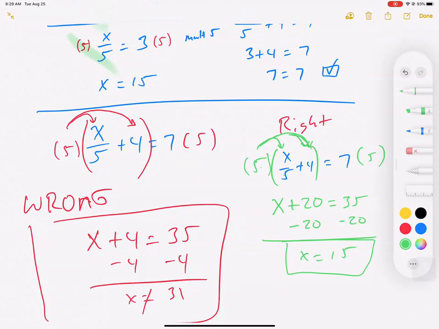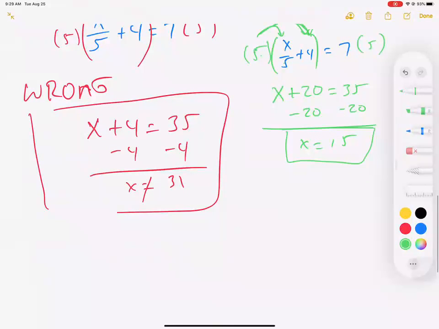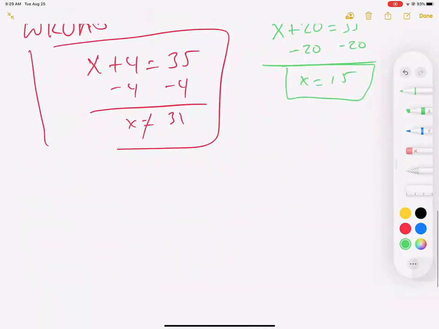Let's do this one more time, except I'm going to spin this around and throw a negative sign into it.